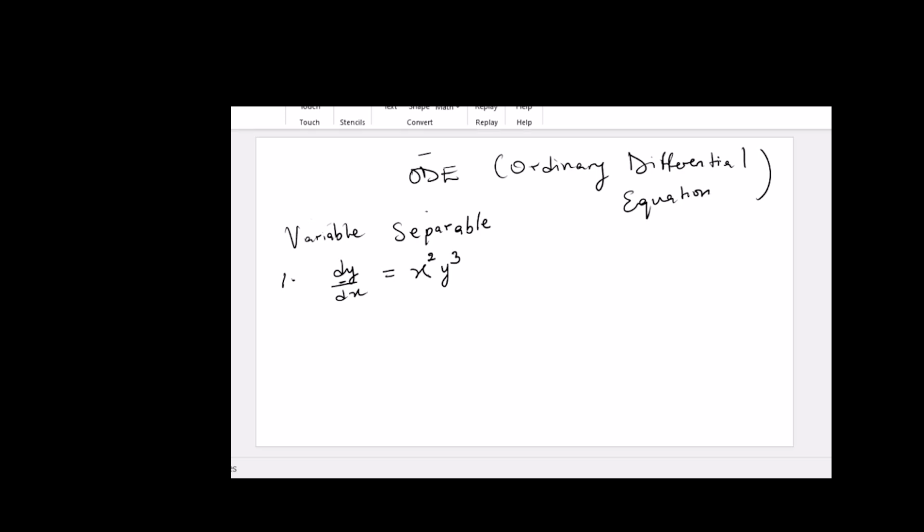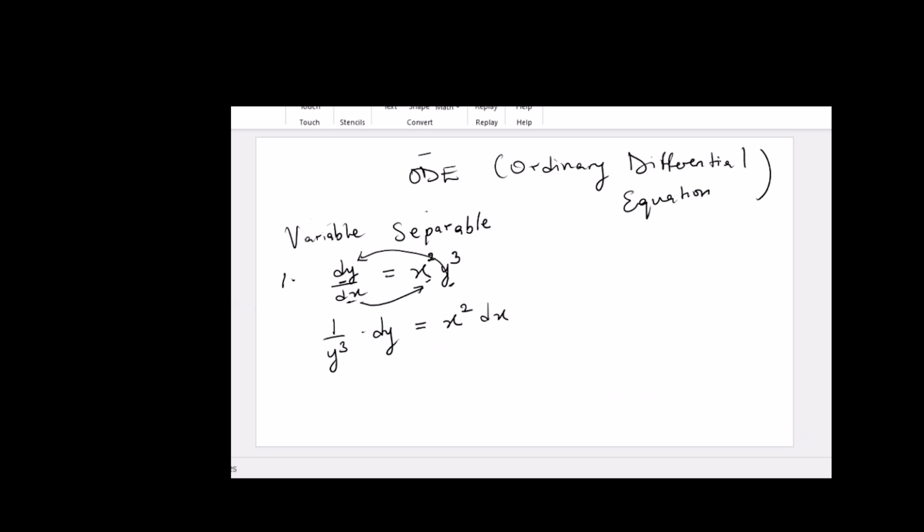So you move y raised to power 3 down here, and you move the x squared to the right-hand side. You have 1 over y raised to power 3 dy equals x raised to power 2 dx.